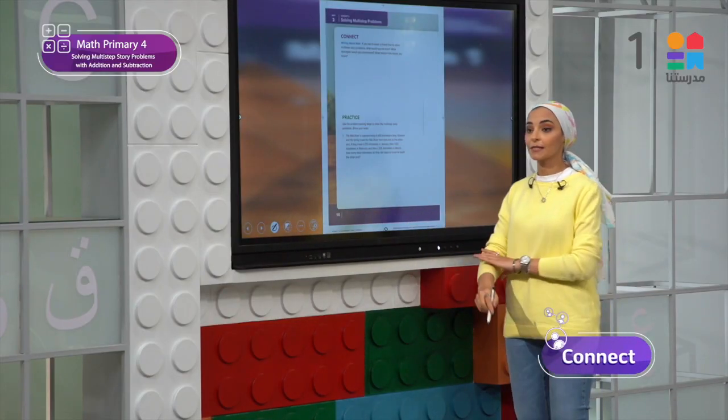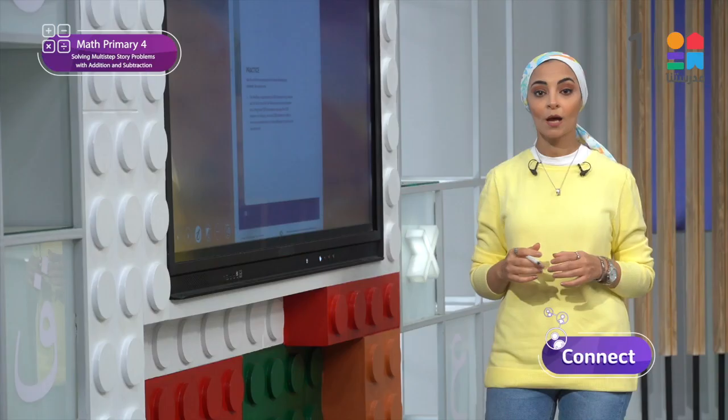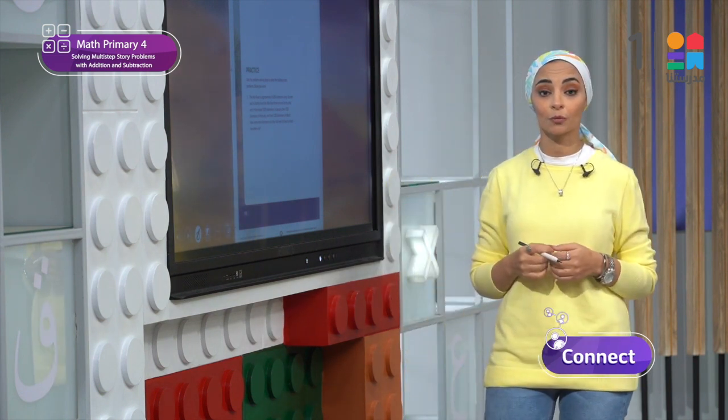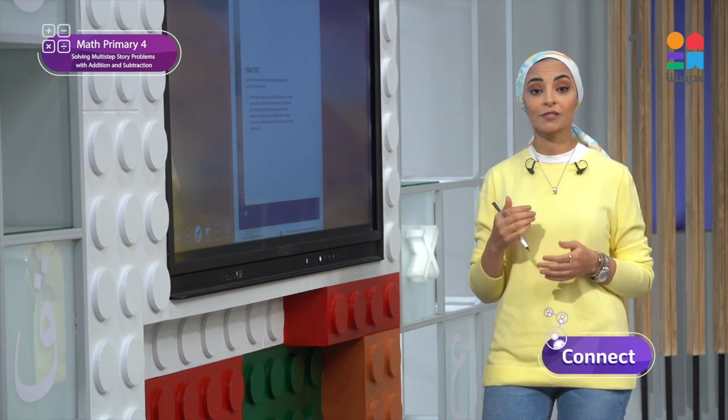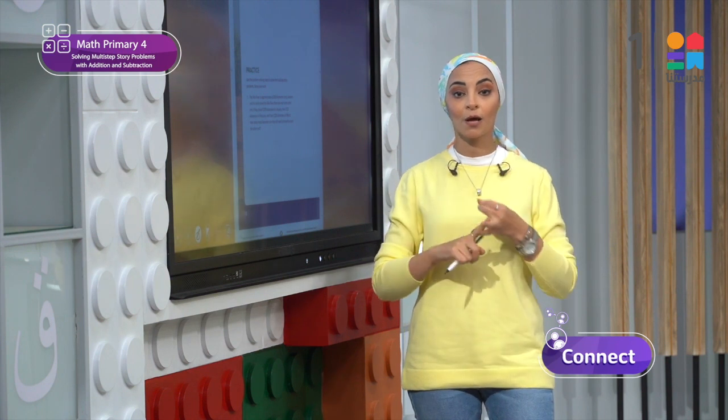Here's page 98. If you need to teach your friend how to solve a multi-step problem, what should you say? What advice can you give him and what strategy should he follow? I just want you to emphasize that identifying words like difference or sum won't always take us to the correct outcome.